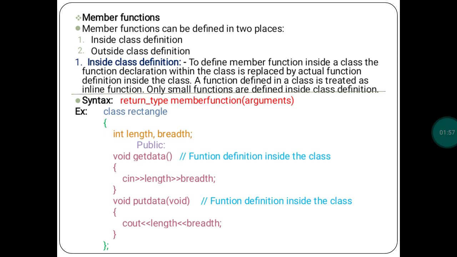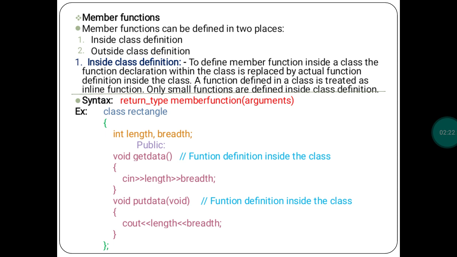And second, putdata. Putdata means displaying the value. See cout length, width. Here you are going to display both the length and width. Means within a class we are writing the code for inputting the value and displaying the value, not outside the class. When you write within the class, it is called the inside class definition.